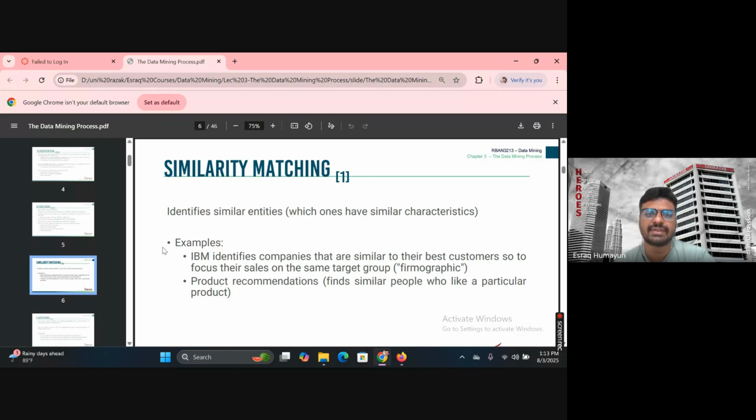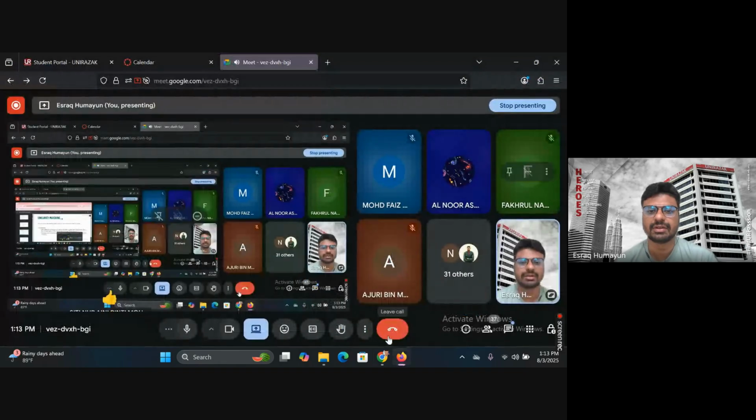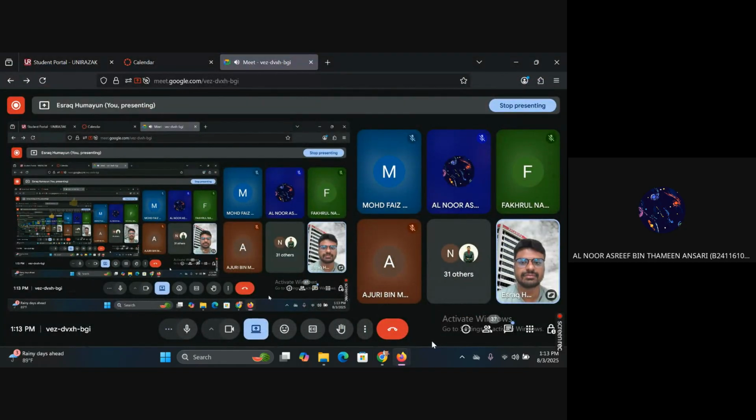I will categorize them into one category by similarity matching, and if any mathematics-related thing or boot camp comes up, I will offer it to them. Now it's clear? Clear, sir? Bit confused.